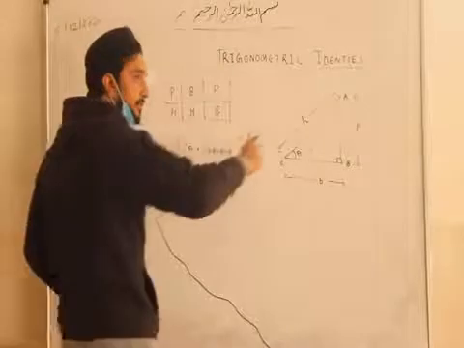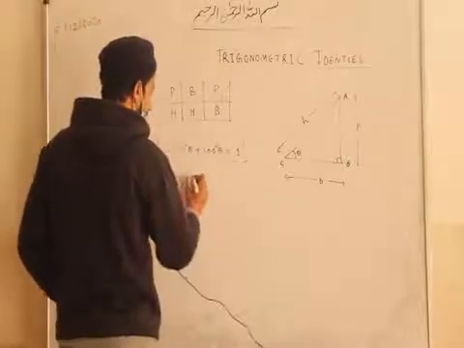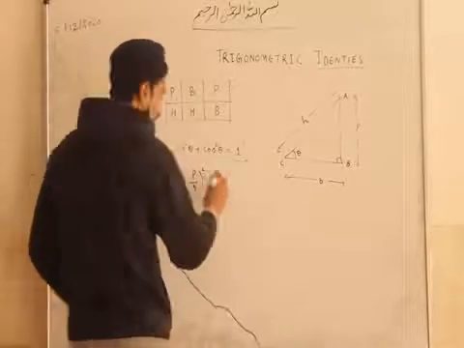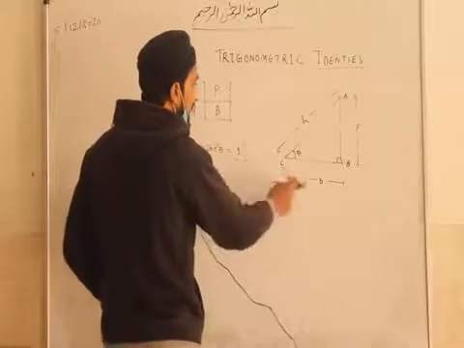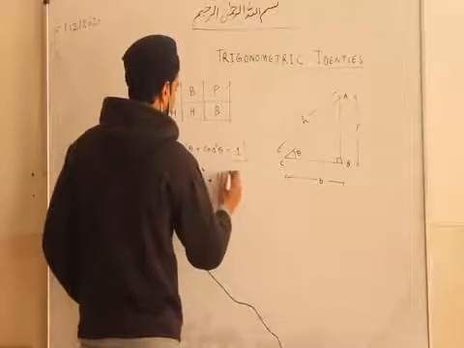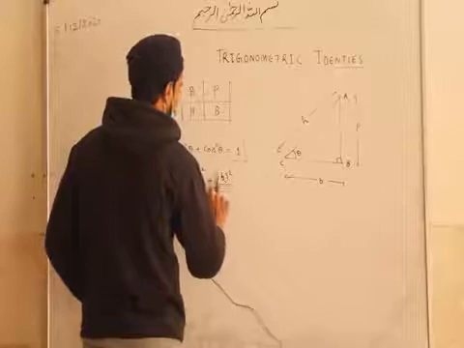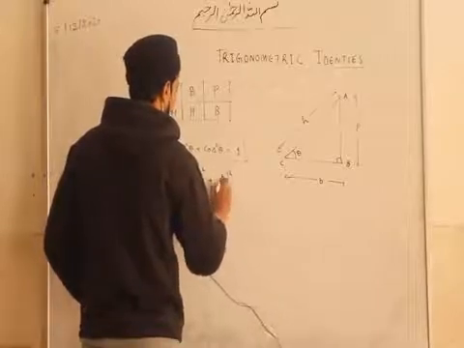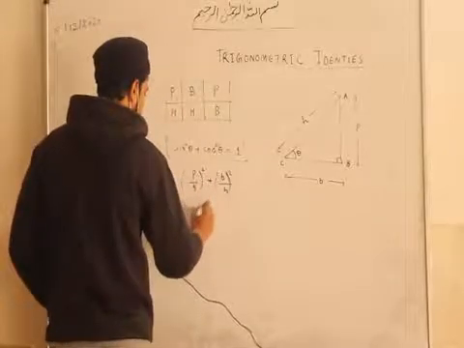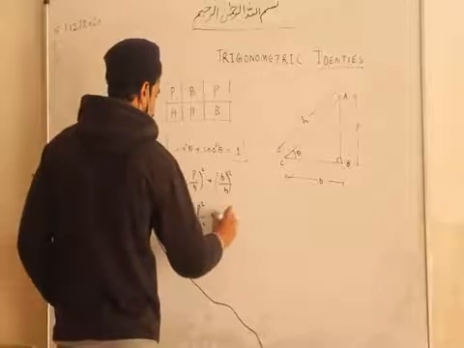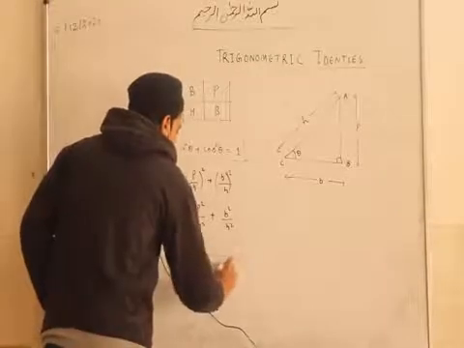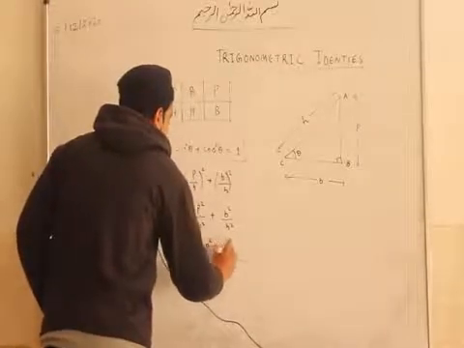P by H. So P upon H whole square plus cos theta, which is B by H, whole square. So this is P square upon H square plus B square upon H square, right? We take the LCM, H square, so it will be P square plus B square.